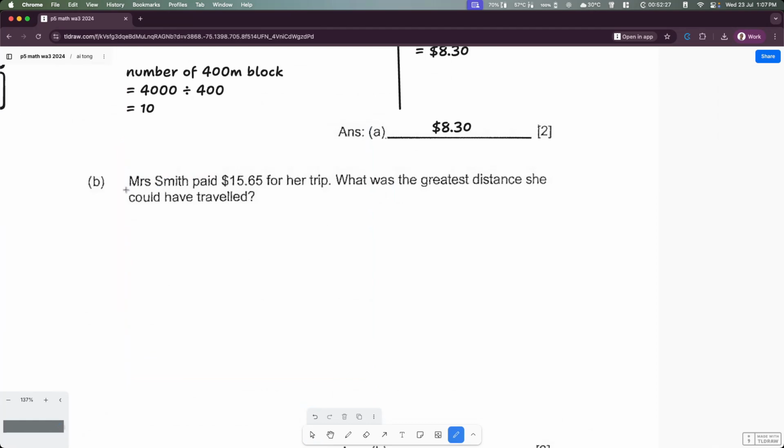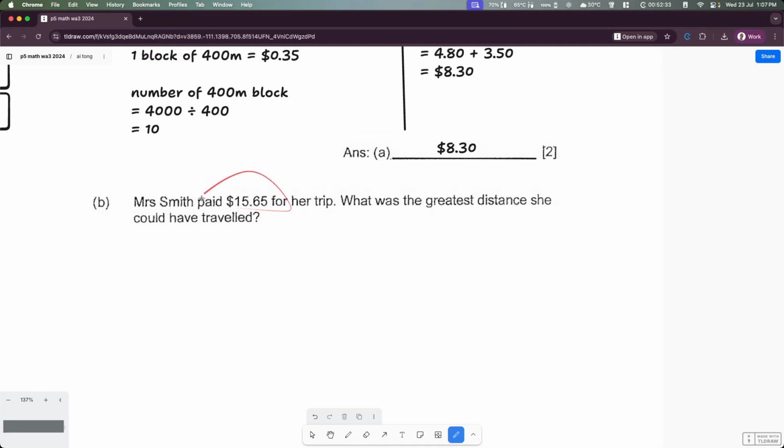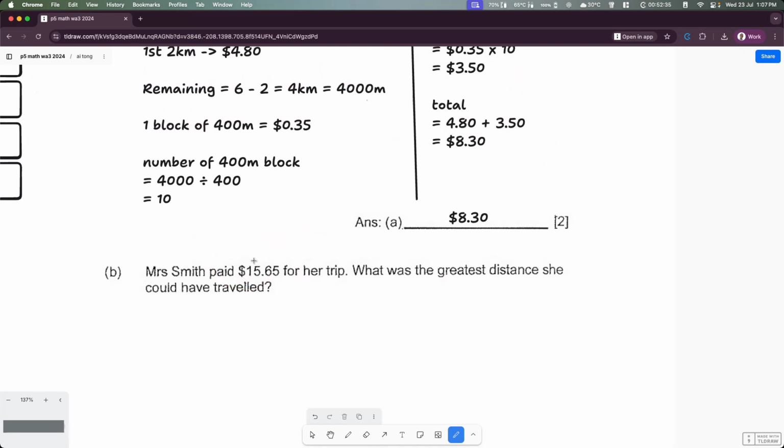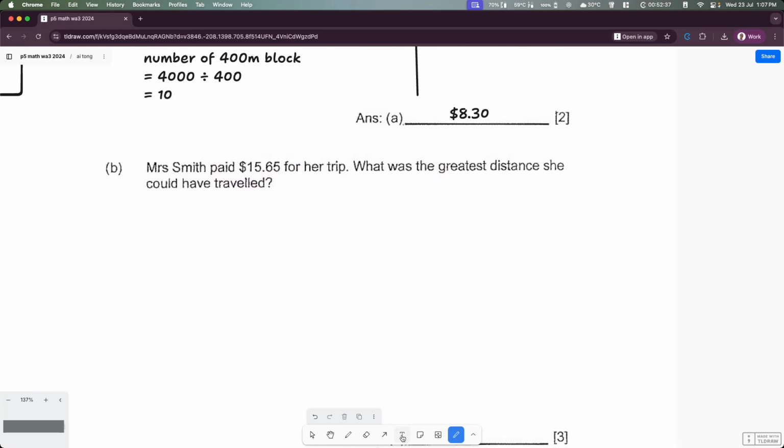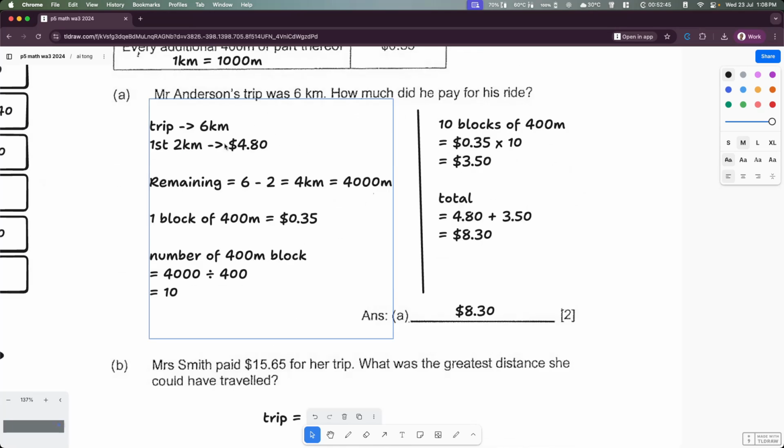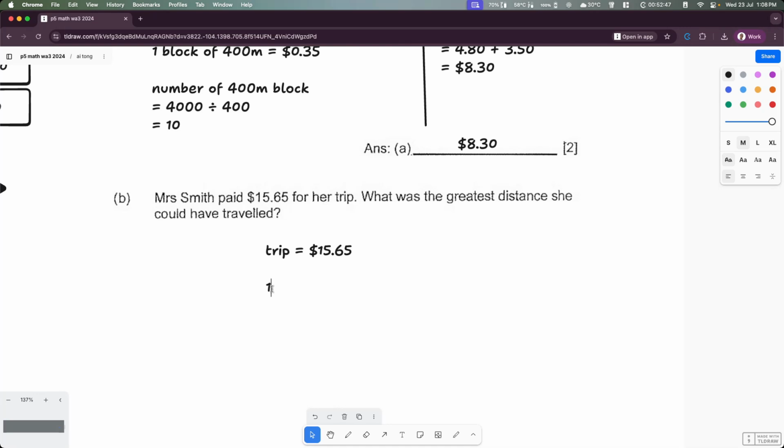All right, and then the last part. Mrs. Smith paid $15.65 for a trip. What was the greatest distance she could have traveled? So she paid $15.65. So we know the first 2 km is $4.80.